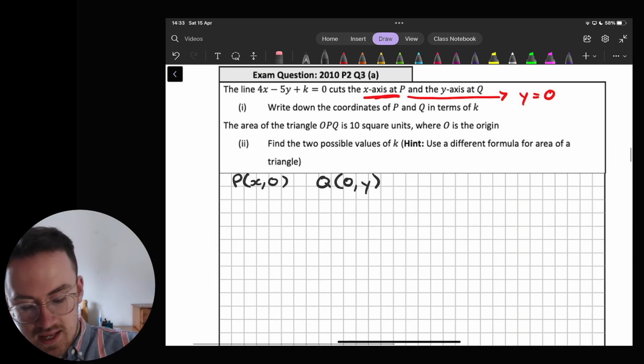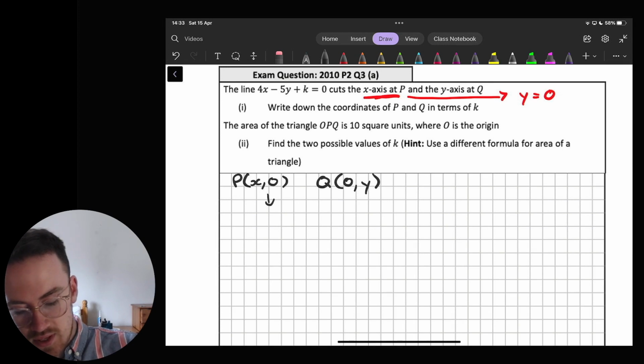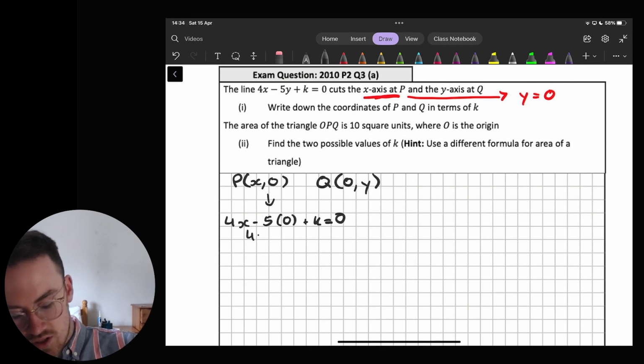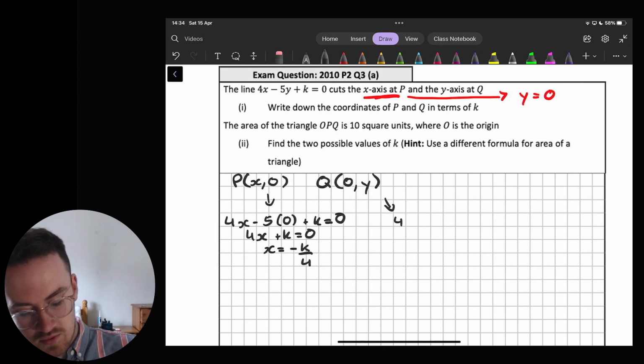So using my line, if I sub P into the equation of my line, I don't know what the x value is going to be. I know that the y value is going to be 0. I don't know what k is, and I'm just rearranging as best I can. So x is minus k over 4. Same thing happens with Q if we go the other way. So let x be 0.